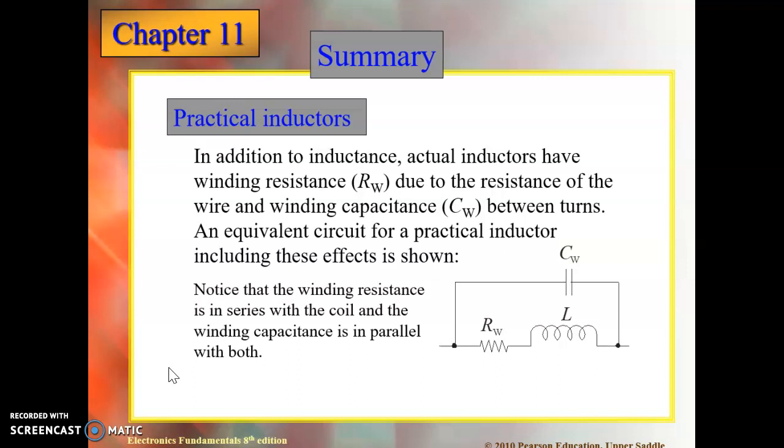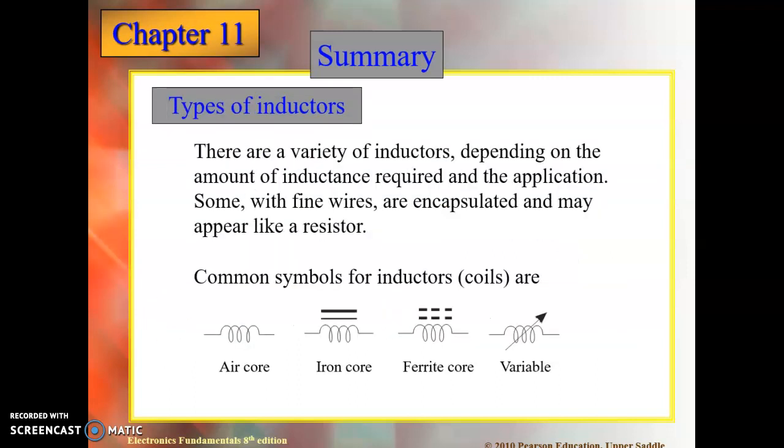So this becomes an issue, and therefore it has to be modeled with a capacitor there. Notice that the winding resistance is in series with the coil and the winding capacitance is in parallel with both. Why is this important? Because the capacitance is represented as a voltage, while the inductance of an inductor is dealt with as a current. That's why this is like this.